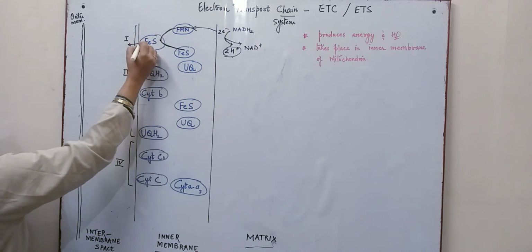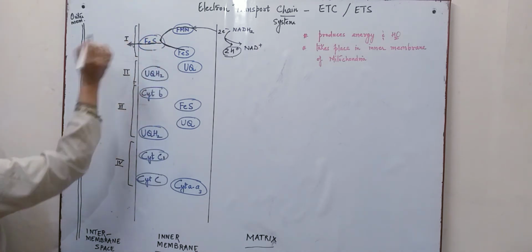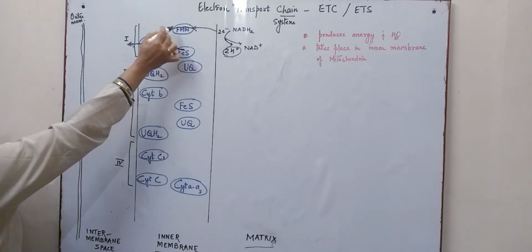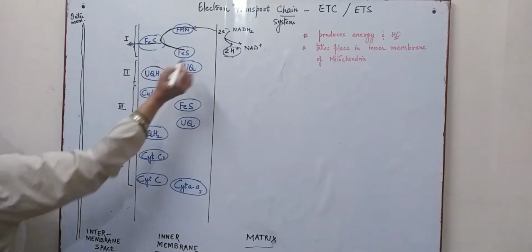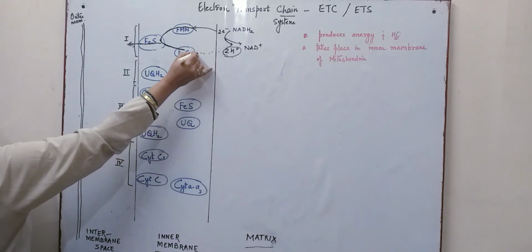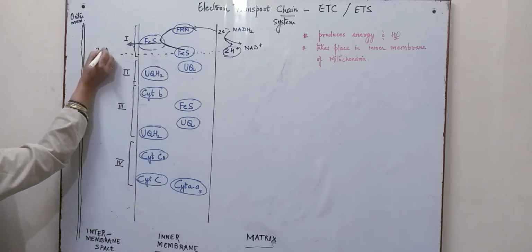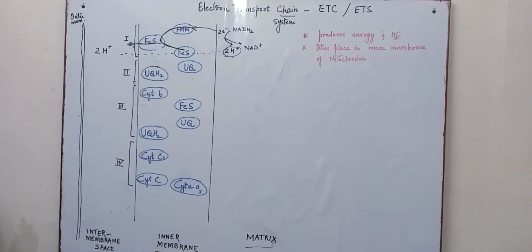So this energy which is being released due to the transfer of electron through complex 1 will help in pumping the pair of protons from the matrix to the intermembrane space.